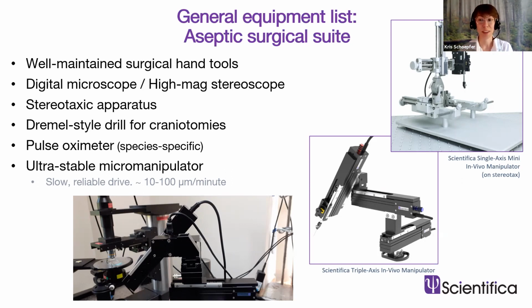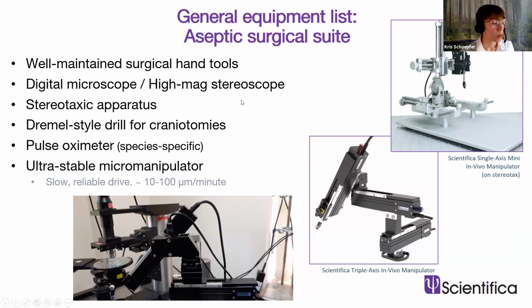It would also definitely benefit to have either a digital microscope or a high magnification stereoscope, so you can do the surgery under microscopy. Of course, you need a stereotaxic apparatus, something like this, to fix the subject's head in place while you're doing the surgery. You'd need a Dremel style drill to accomplish the craniotomies in most cases with a thicker skull, certainly for rats and larger.